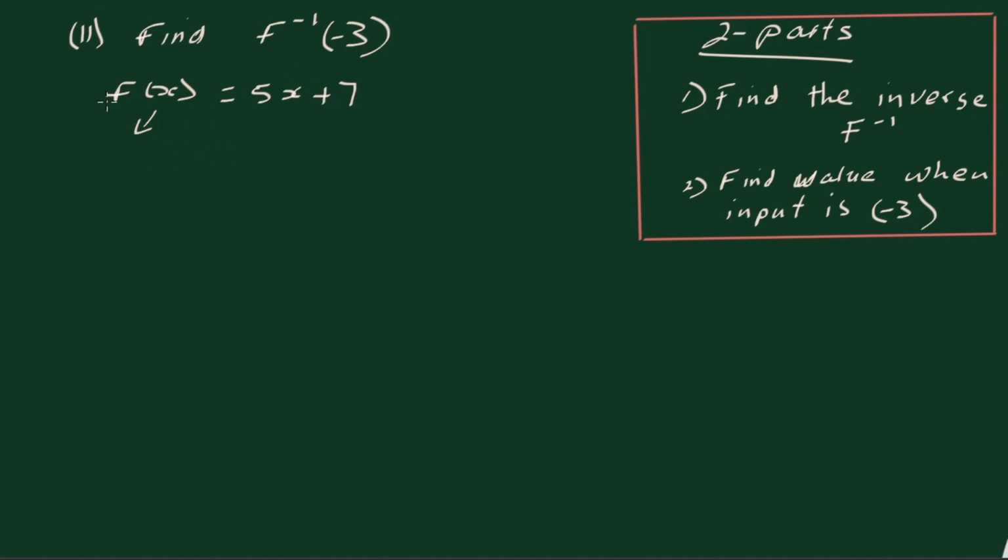So as usual, we'll replace f(x) in the equation with y. So y equals 5x plus 7. After having done that, we're going to interchange x and y. Now, again, it's my practice to flip the equation, so I get y on the left-hand side.